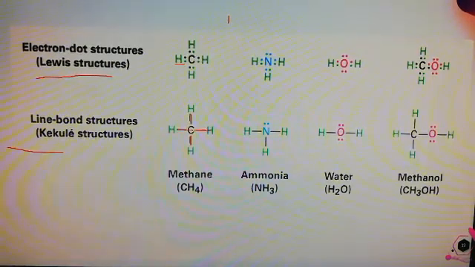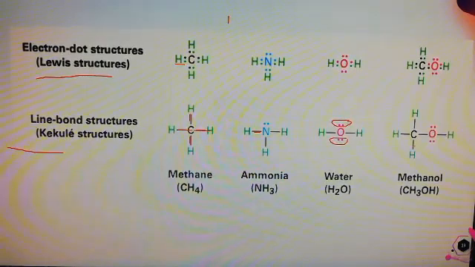Ayan. So, ang nitrogen has 5 valence electrons and needs 3 more para mag-form siya ng 3 bonds. Ang oxygen, 6 yung kanyang valence electrons. So, meron nang partner yung dalawa. So, dalawang bond lang ang pwede niyang magawa.